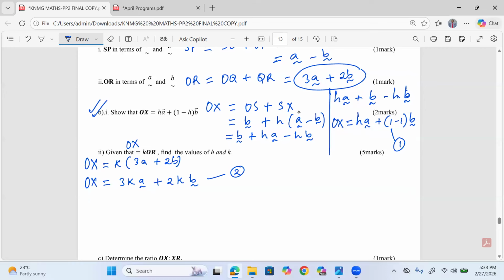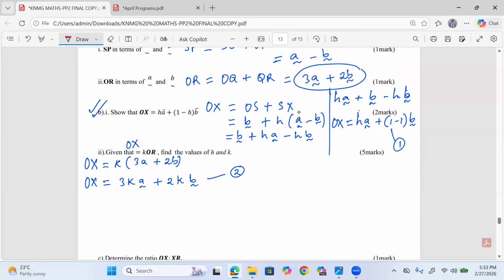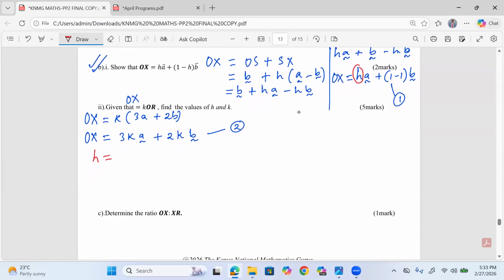So to find the constants involved, we need to come up with simultaneous equations such that the coefficients of each vector will give us an equation. Let me begin with the coefficients of A. In the first expression, we have H equals the coefficient of A in the second, which is 3K. That is equation 1.